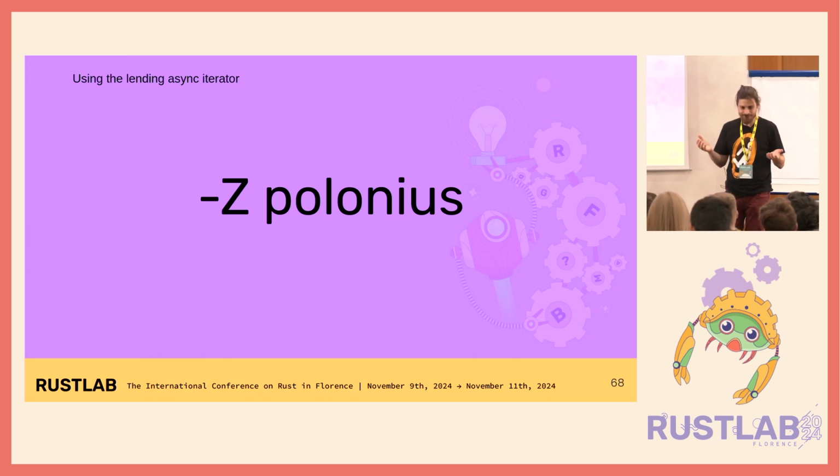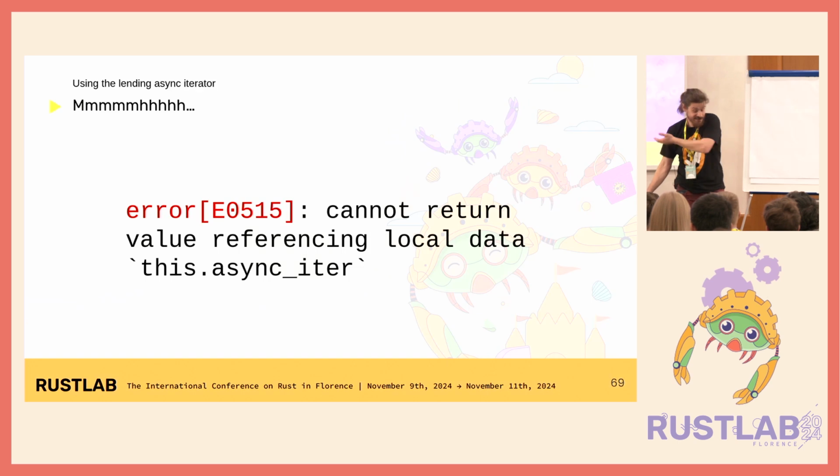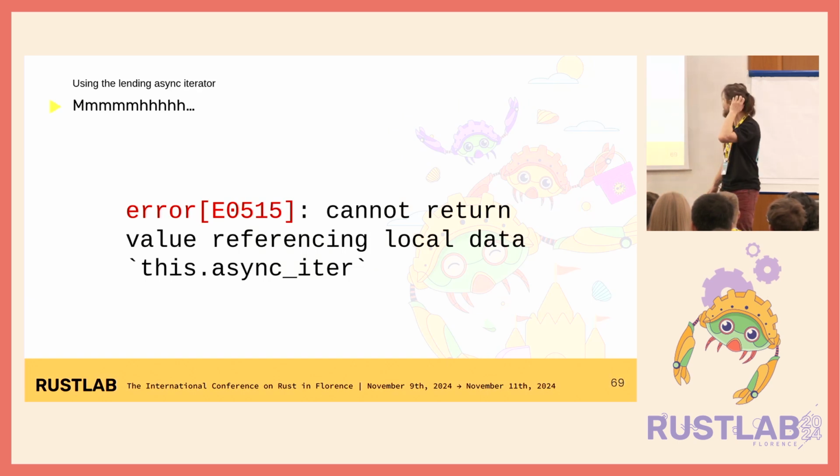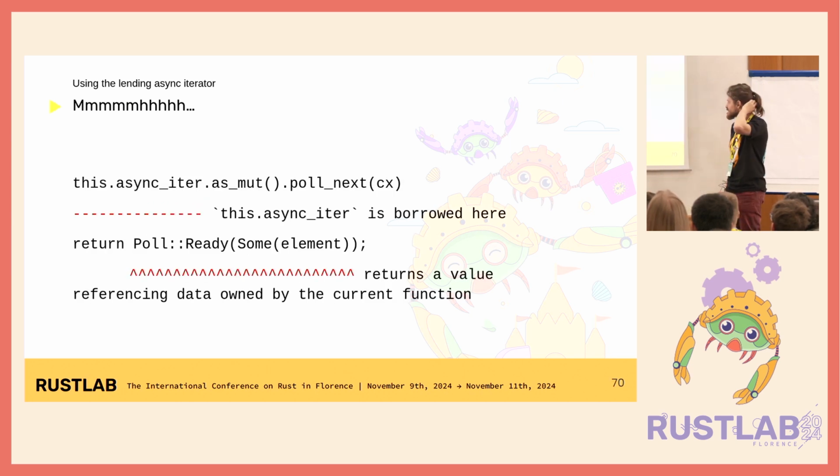And this is probably going to be necessary in order to implement our filter function. So, okay, we use Polonius and it works. Oh no, what is going on again? Cannot return value referencing local data, but we don't have local data inside. Element is local data, but it doesn't make any sense. It belongs to the inner iterator.